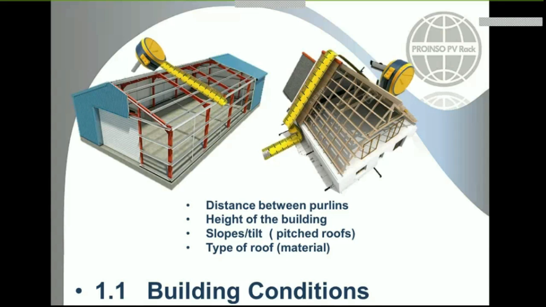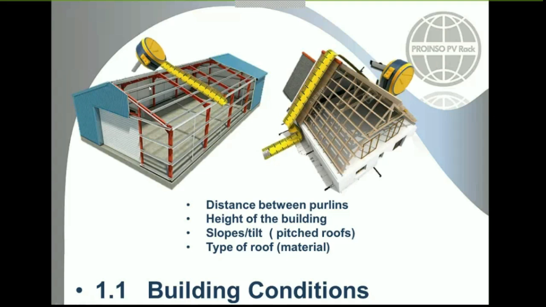Well, mainly the industrial roofs, the metal sheet roofs, have a purlin distribution above them. We have to take into consideration that in this case, as you can see here in the drawing, the purlins run along the length side of the building, but sometimes they are in the opposite direction, perpendicular to this one.